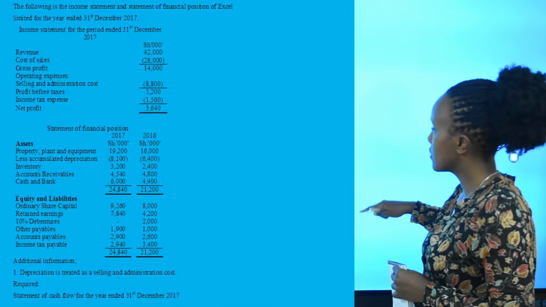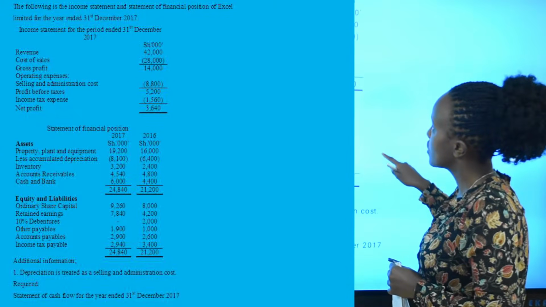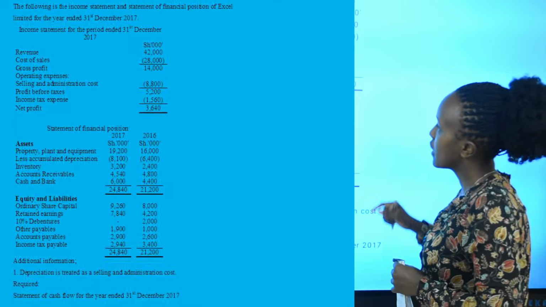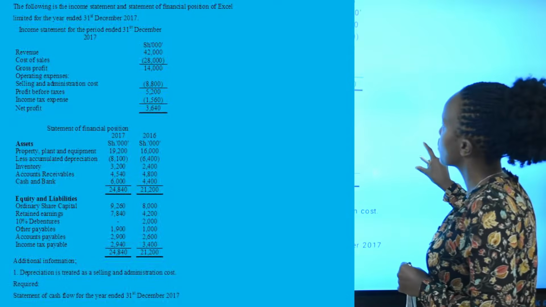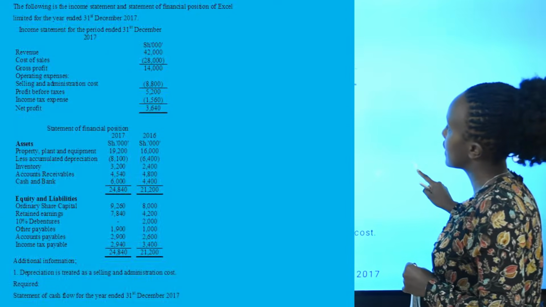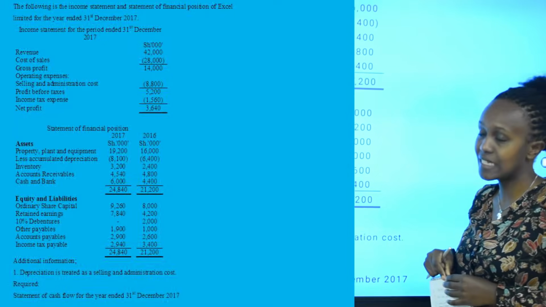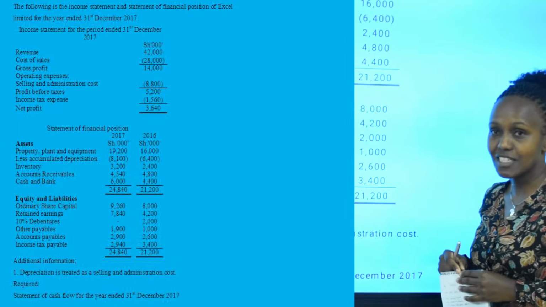Also in our question, we are given the statement of financial position. The statement of financial position is a comparative. It is given for 2 periods. That is, you are given for the period ended 2016 and the period ended 2017.